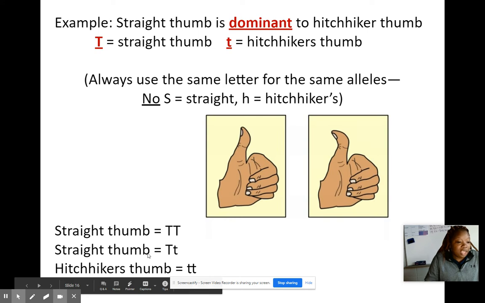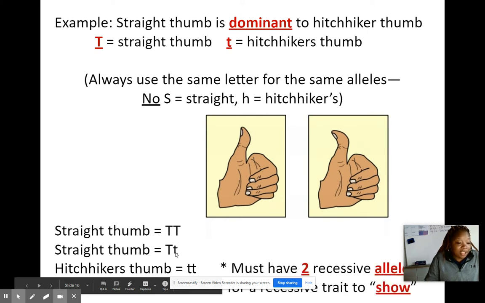So the kid will have a straight thumb, even though in its DNA it has a recessive gene. Big T is always dominant, and little t is recessive.